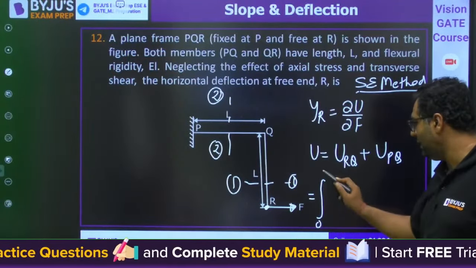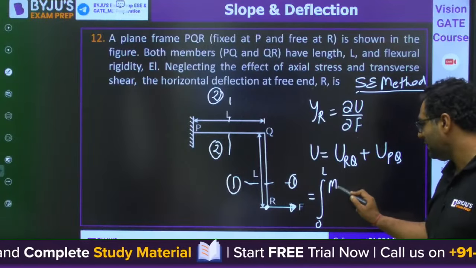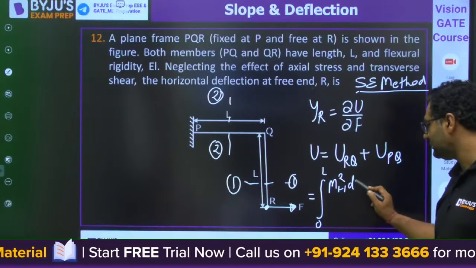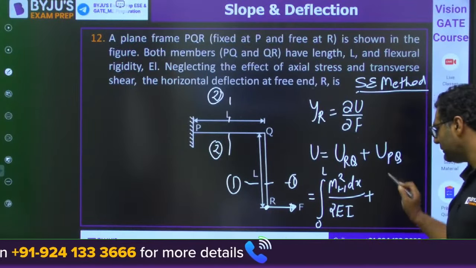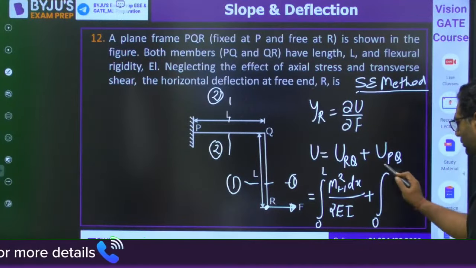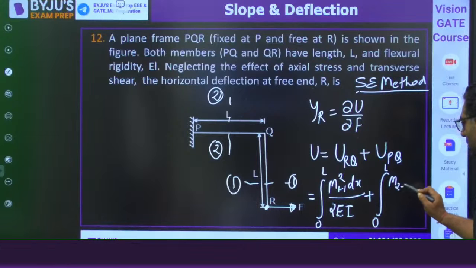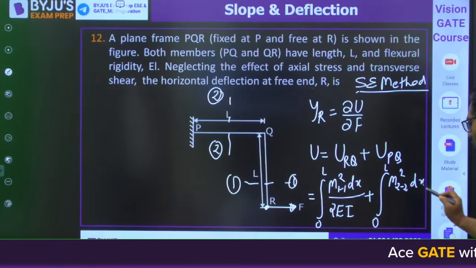So 0 to L, M11 square dx upon 2EI, plus 0 to L, M22 square dx upon 2EI.